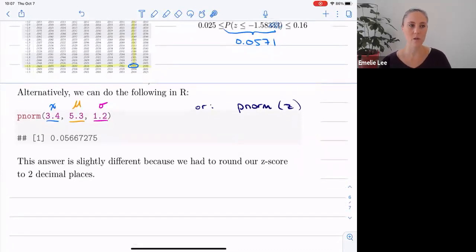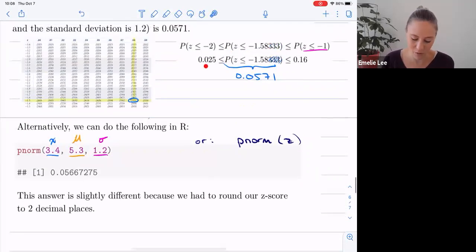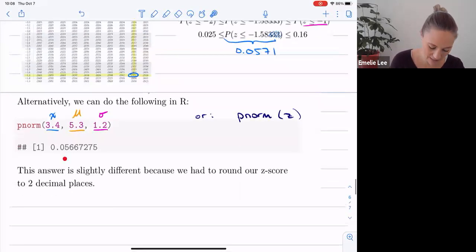Yeah, so in terms of comparing these values, I'm not concerned about those differences, but I am concerned about the difference between a range of 0.025 and 0.16 versus the more precise value of 0.0571, right? But the difference here is minimal. Doesn't matter. But that's why it's different, because it's using more precise values.